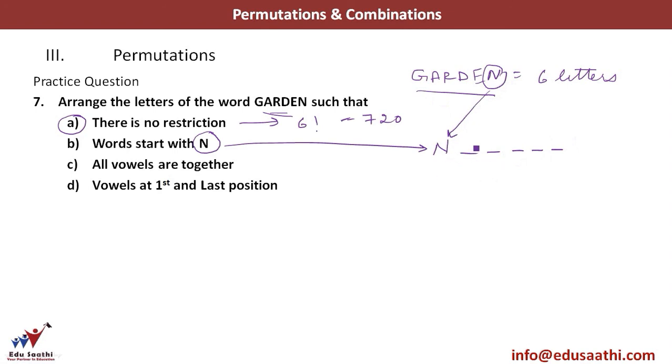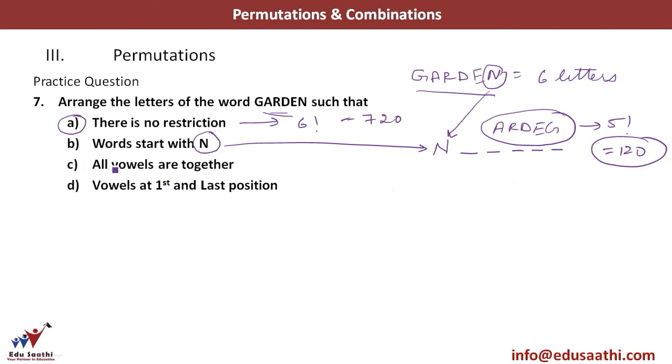So I have to arrange the remaining 5 letters, these A, R, D, E, G, in these 5 places. In how many ways can this be done? In 5 factorial ways, which is 120. So the answer to the second question is 120.